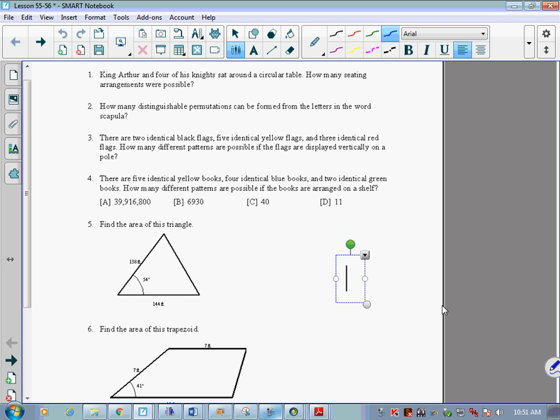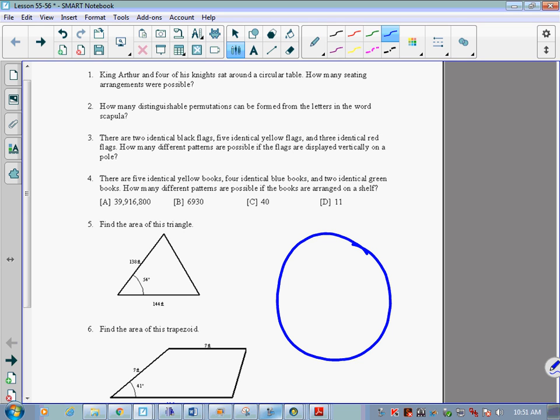But question number 1 deals with sitting around a circular table. We'll start talking about this. We're imagining our circular table, King Arthur and his 4 knights. So there are 5 seats: 1, 2, 3, 4, 5.